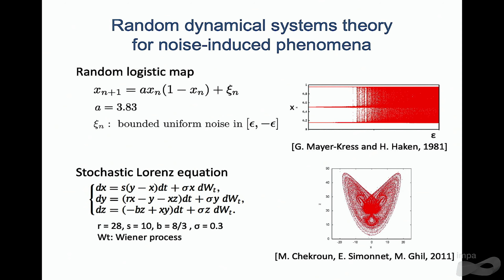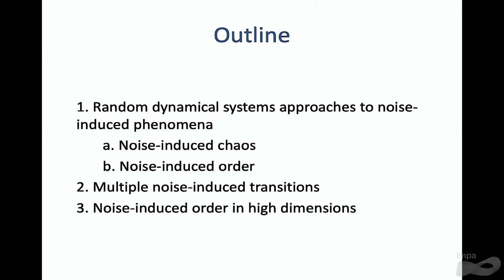And this one is called the stochastic Lorenz equation, the standard Lorenz equation with multiplicative noise in an SDE. I'm interested in phenomena of bifurcation and stability analysis, in more complicated systems, basically with numerical computing.